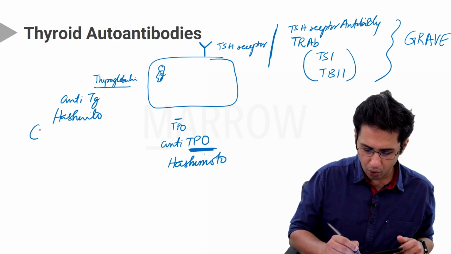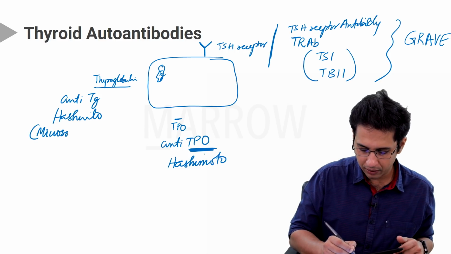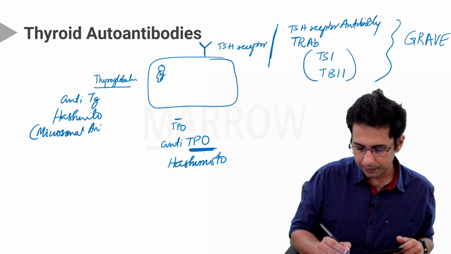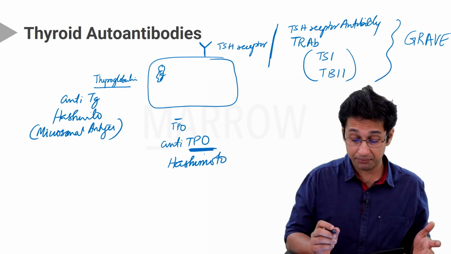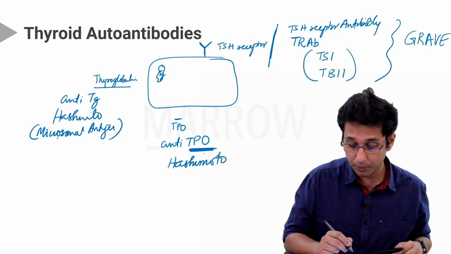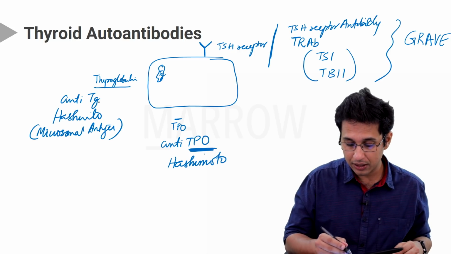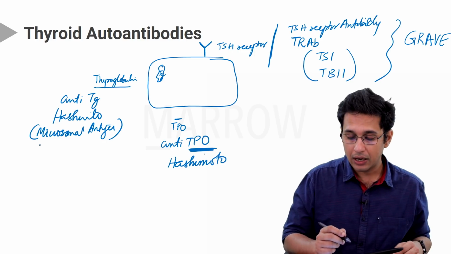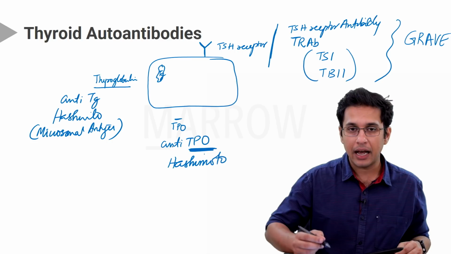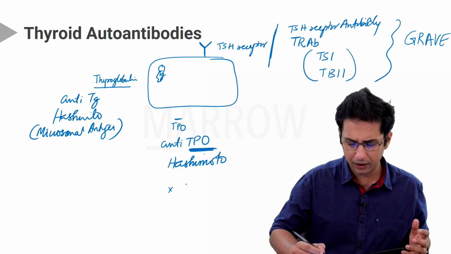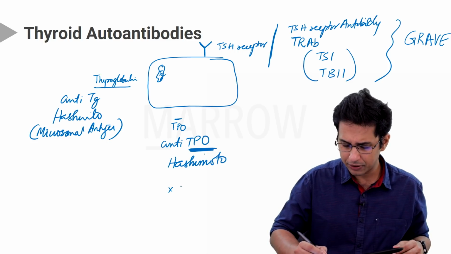This is also called, for strange reasons, microsomal antigen. It is an old name. So if for some reason you get the word microsomal, don't be confused. It is associated with the anti-TG. Now, I am not saying these antibodies are all exclusive. For example, anti-TPO can be positive in, I think, up to 60 to 70% of Graves.